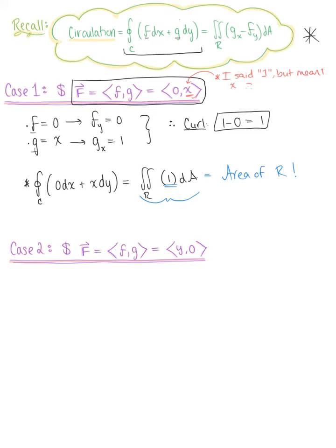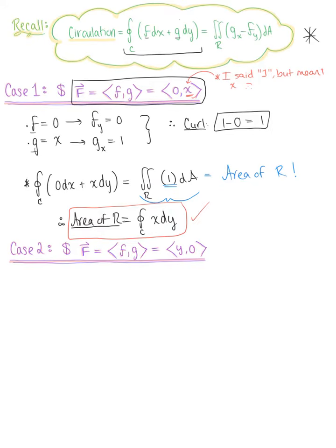So we conclude that the area of R by Green's theorem is equal to the vector line integral over the closed curve C of x dy. So here is the first consequence of Green's theorem for the area.